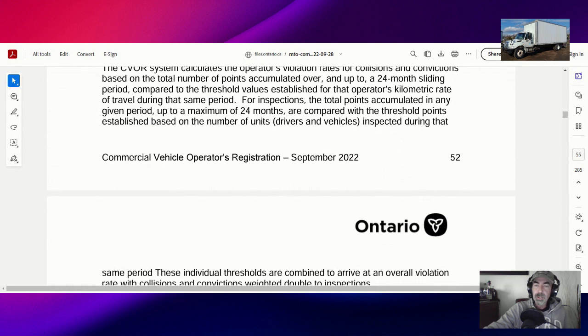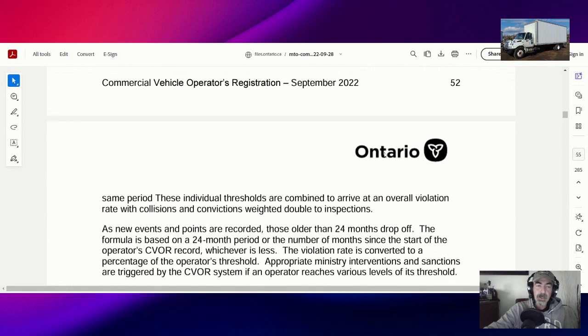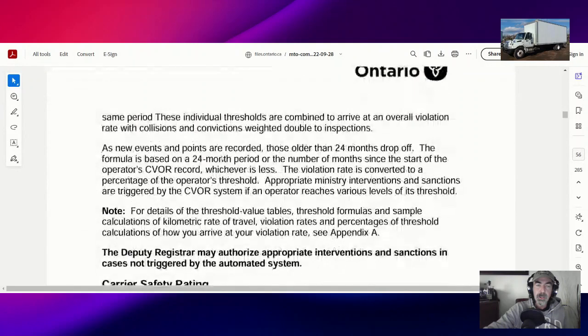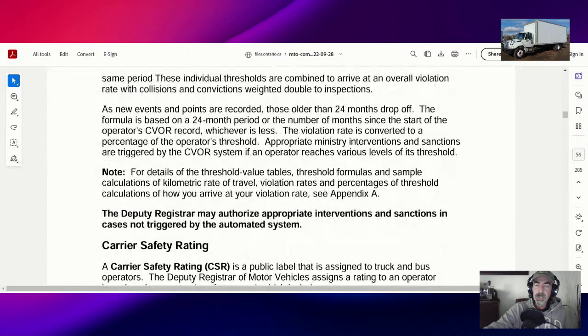For inspections, the total points accumulated in any given period, up to a maximum of 24 months, are compared with the threshold points established based on the number of units, drivers, and vehicles inspected during that same period. These individual thresholds are combined to arrive at an overall violation rate with collisions and convictions weighted double to inspections.